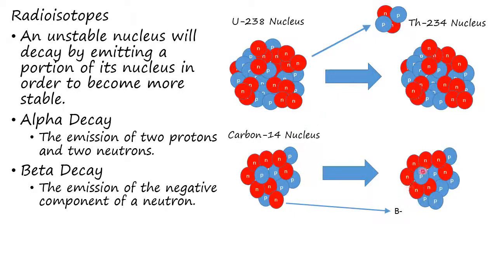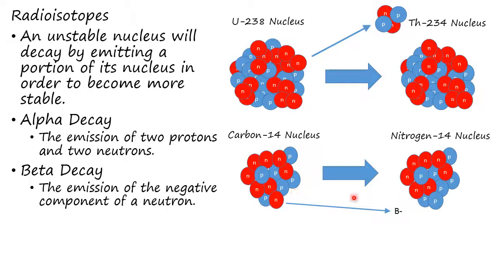So now it has 7 protons and 7 neutrons. Since it has one more proton, it is now no longer carbon-14. It is now nitrogen-14 with atomic number 7. So this is, again, transmutation: the nucleus of an atom changing into the nucleus of a different element.